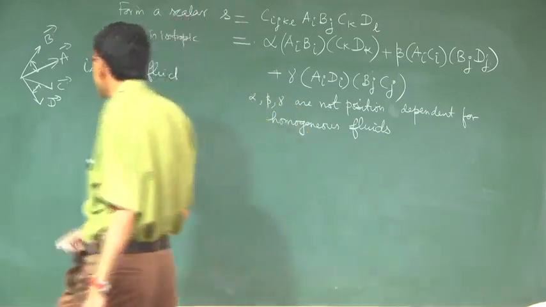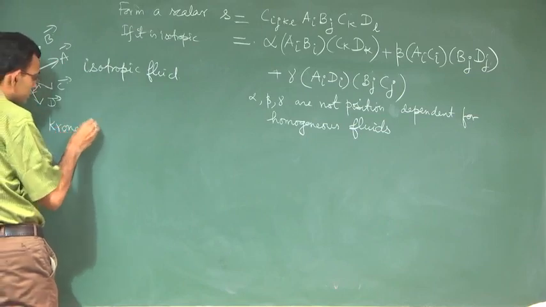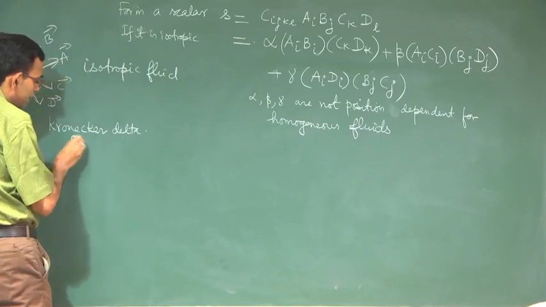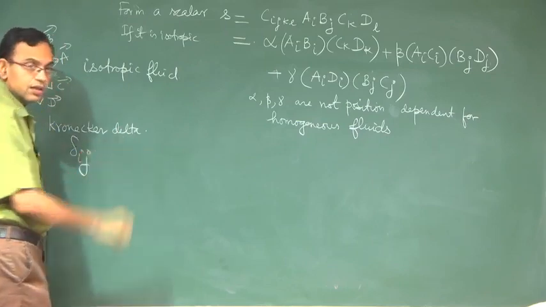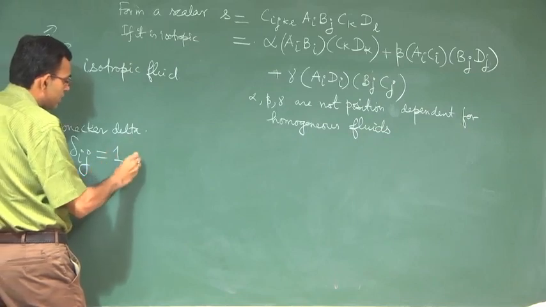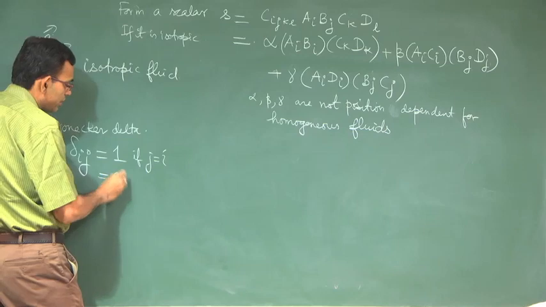So, Kronecker delta, what it does is something like this. It is defined like this, it is also a second order tensor. This is defined as 1 if j is equal to i, and 0 otherwise.